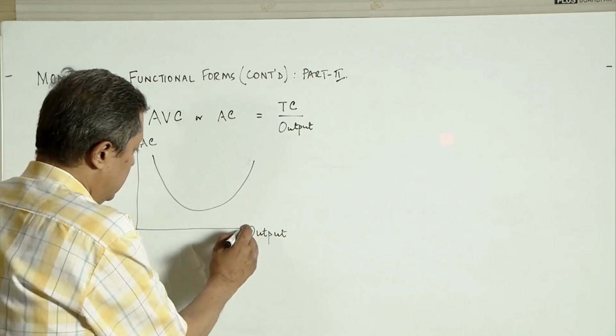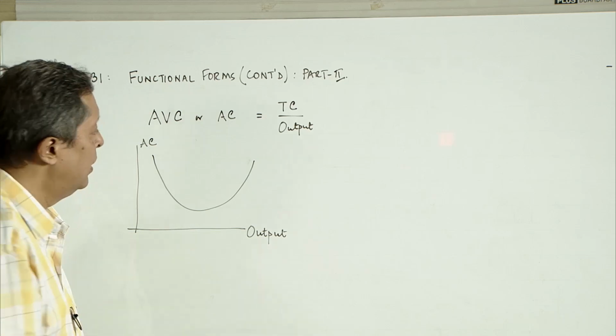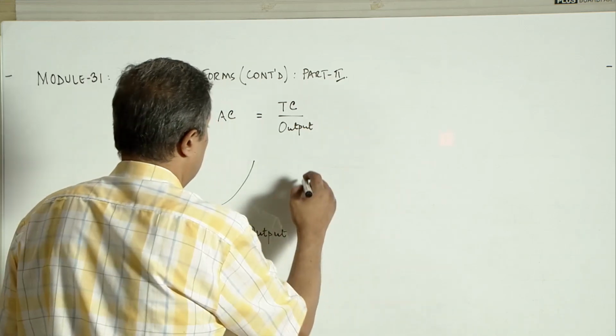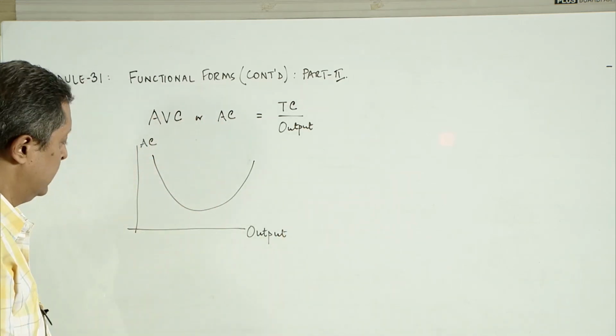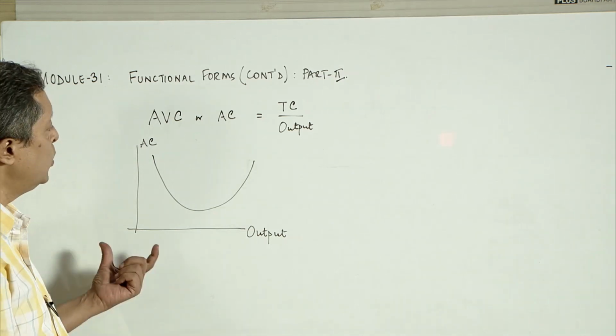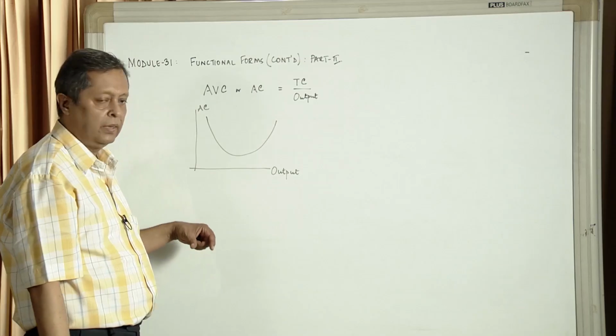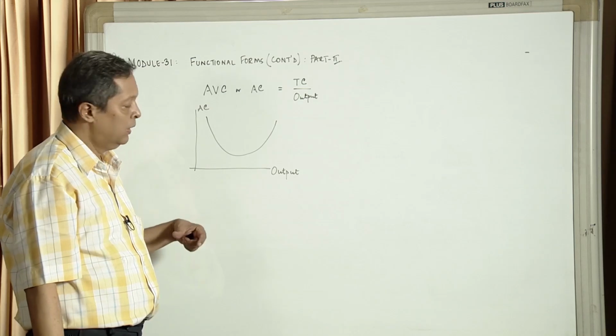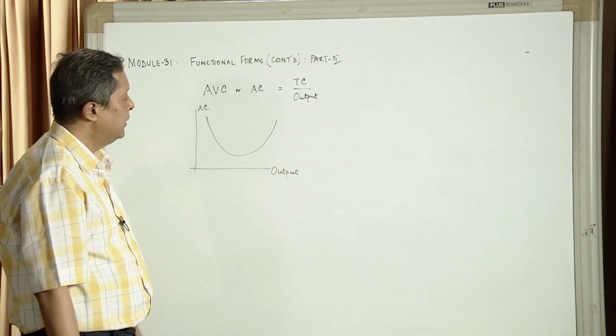So, this equation would be a quadratic equation. Question is, how do we adjust this in order to make it amenable to the classical linear regression model?